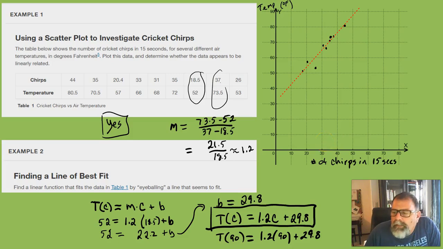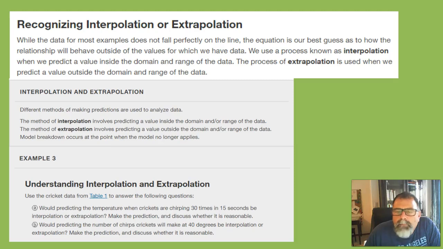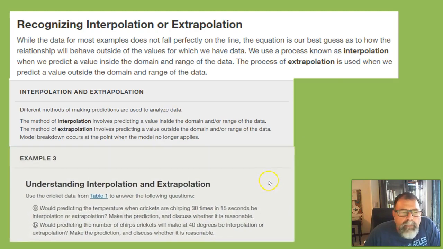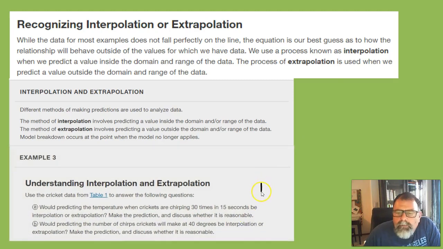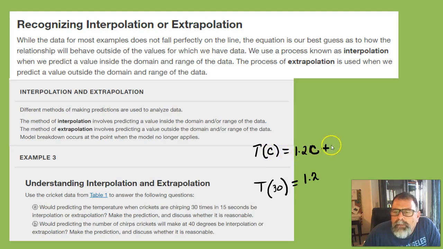But we want to predict 30 times in 15 seconds. What's the temperature? So T of 30 and 1.2. Okay, so I'm going to use the book one just to kind of reset it. 1.2 C plus 30.